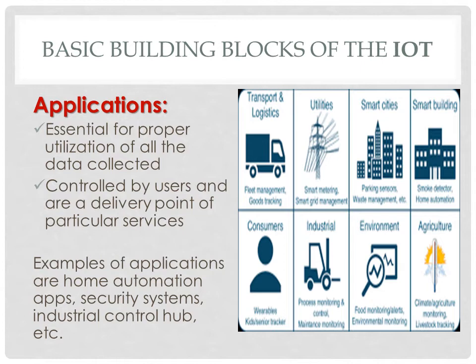Applications are controlled by users and are a delivery point of particular services. Examples are shown in the diagram. Some of the examples of applications are smart cities, smart buildings, smart industry, smart agriculture, security systems, etc.